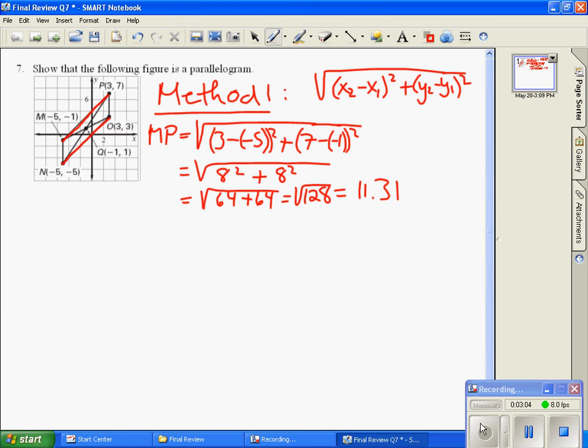The second side, NO. So again, we plug stuff into the square root. So we have (3 minus negative 5) squared plus (3 minus negative 5) squared.